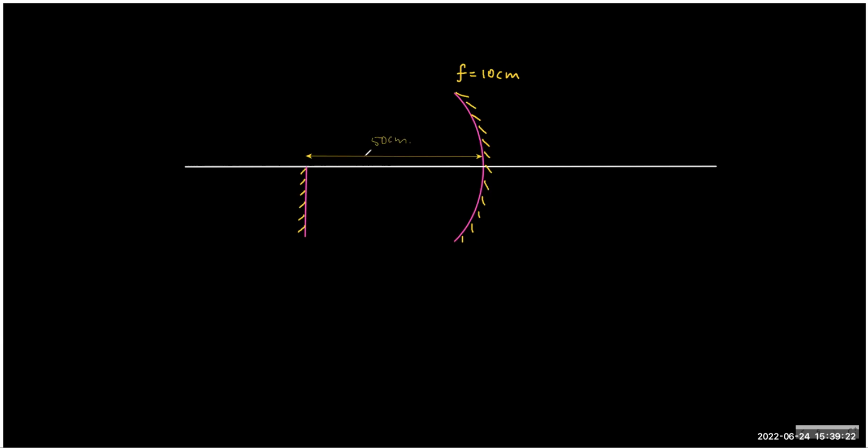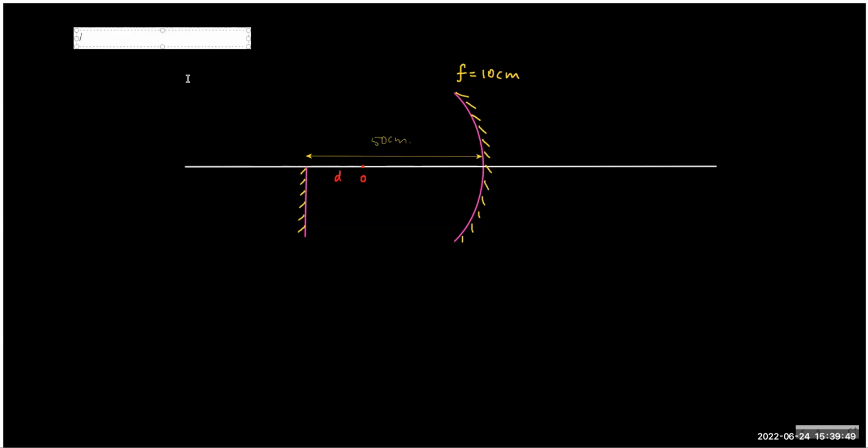An object is kept in between the mirrors with an unknown position, I don't know where it is, so let's call it D. Find the D value such that the first image formed by the plane mirror and the first image formed by the concave mirror both coincide. Questions clear?